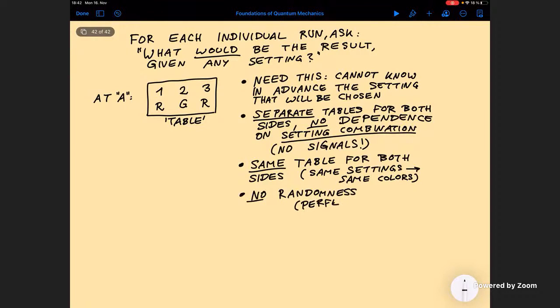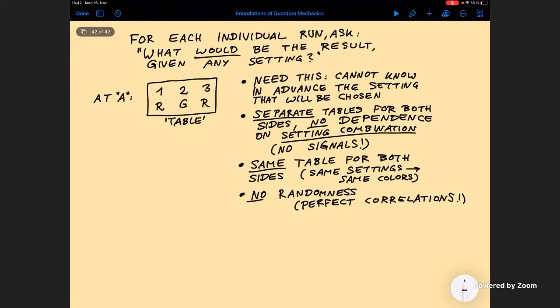If we allowed for some randomness, for example, in one of these entries, it would say, oh, 90% red, but 10% green, then automatically, because it's fluctuating, it's no longer perfect, you would not get these perfect correlations, same setting, same color on the 2 sides. So the question is, if there is no randomness in the tables, where does the randomness come in? Because there is some sort of randomness observed in the statistics that we see.